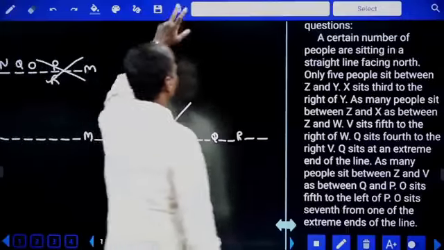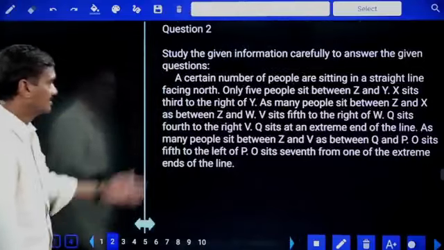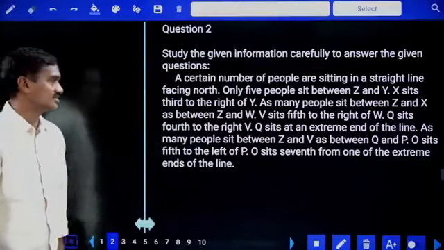Now in this set number 2, this is again based on facing towards north. Okay, start working on this one. Your time starts now, 2 minutes.